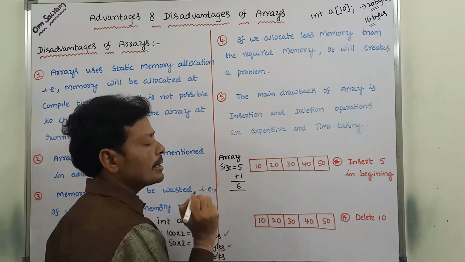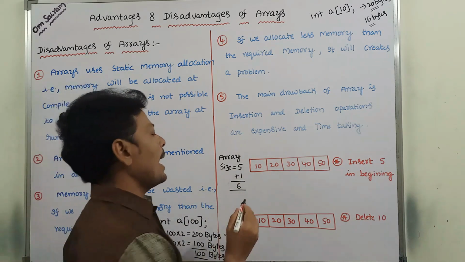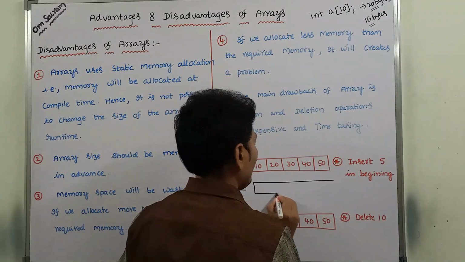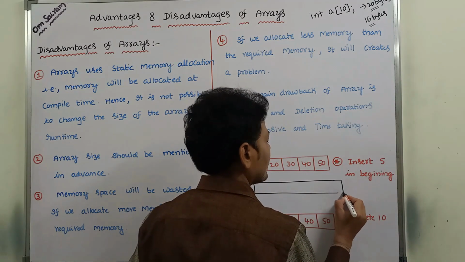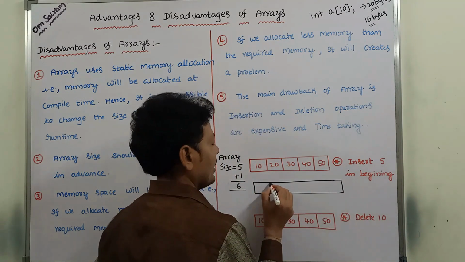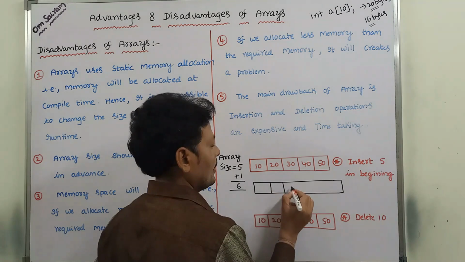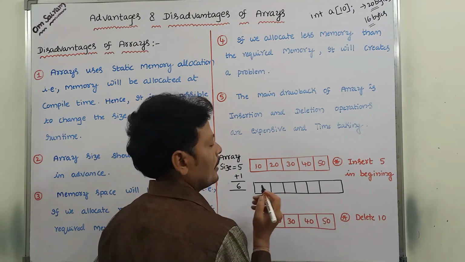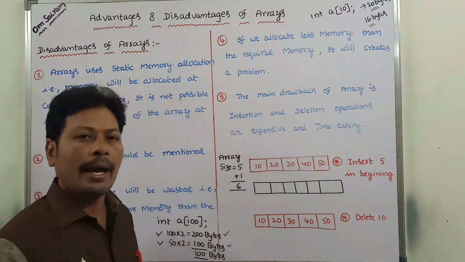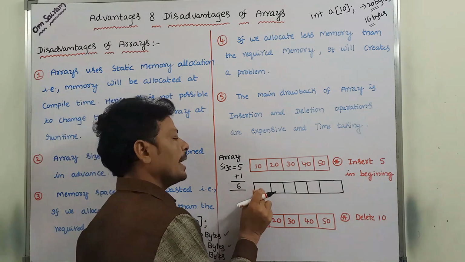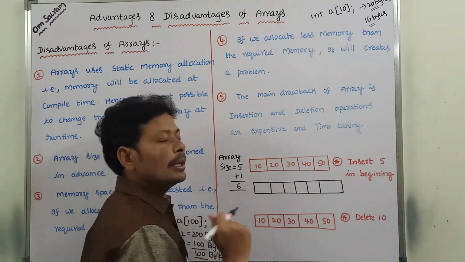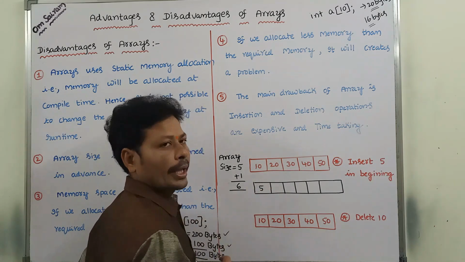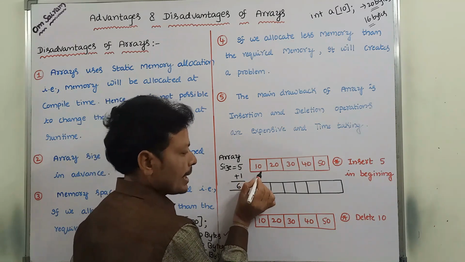Array size is 6. Once the array size is 6, we have to store 6 elements in the array. So at the beginning of the array, we are storing element 5.